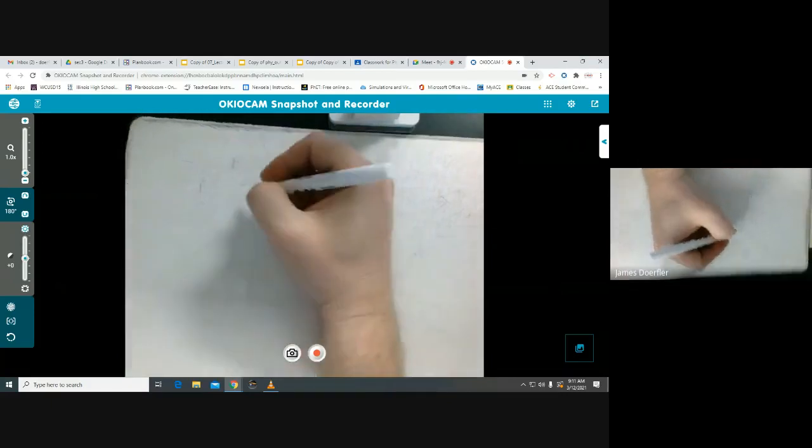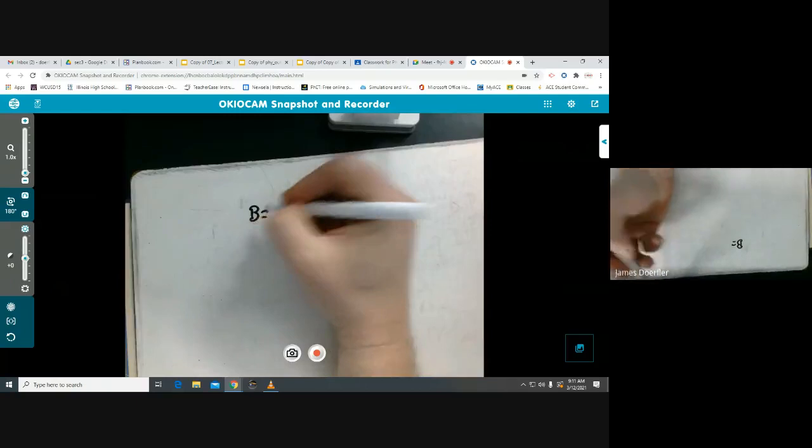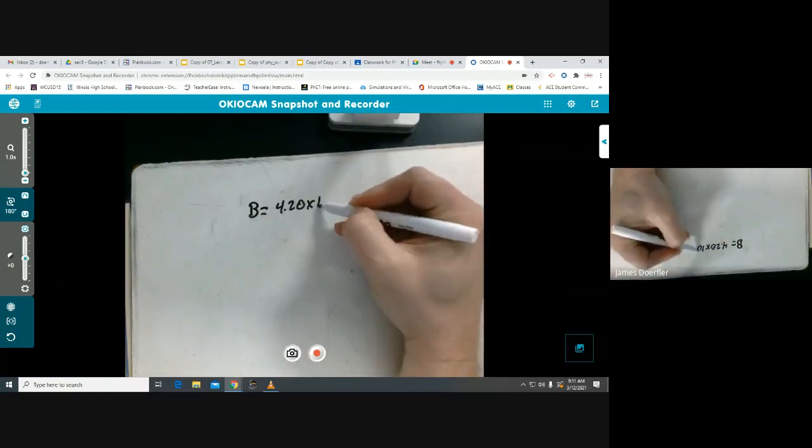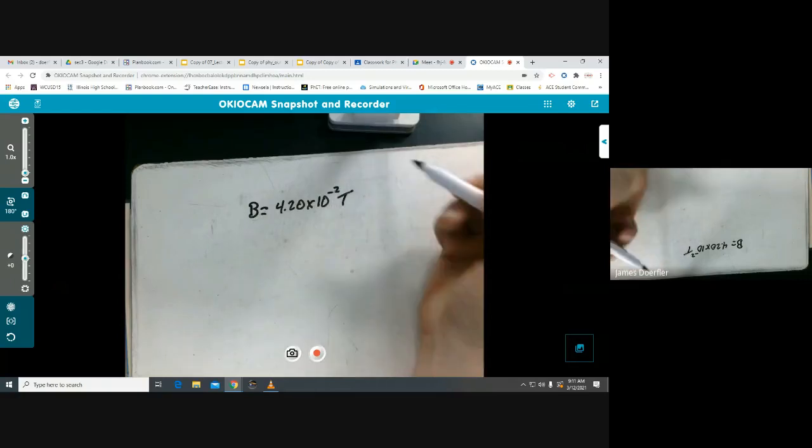All right, so what do we know from number 1? We know that our magnetic field, our B, is 4.20 times 10 to the negative second Tesla.